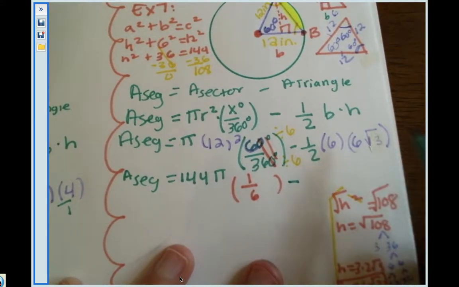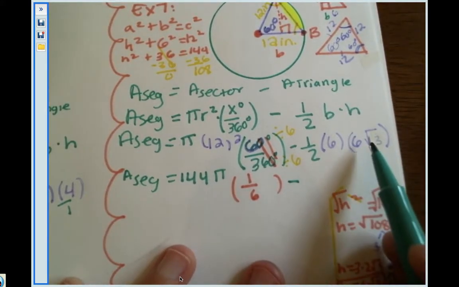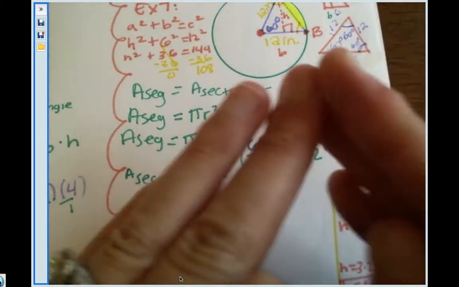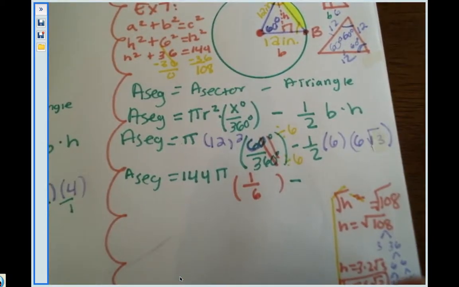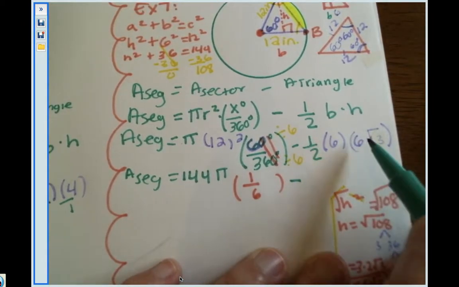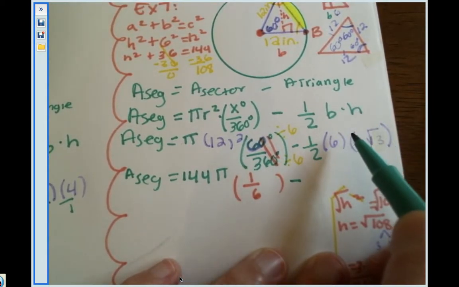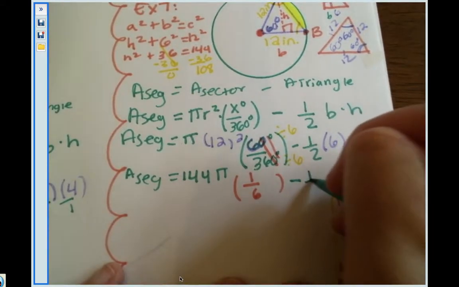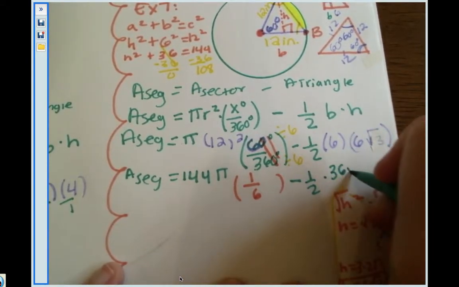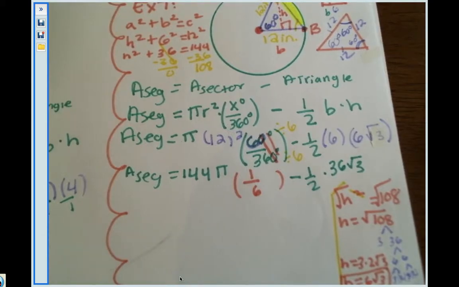half of 6 times 6 root 3. Remember, when you multiply, we can only combine things that are outside the square roots. So I can only multiply the 6 and 6. So 6 times 6 is 36. So this is 1/2 times 36 root 3. All right, let's keep going.